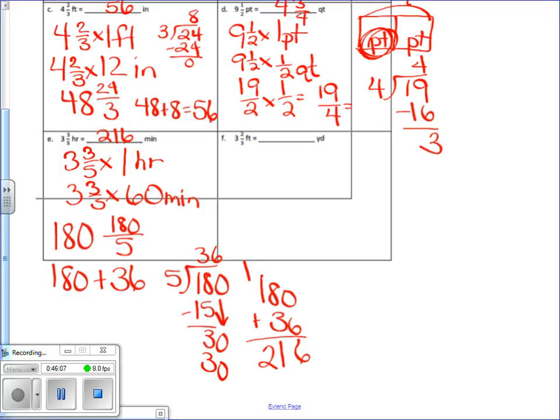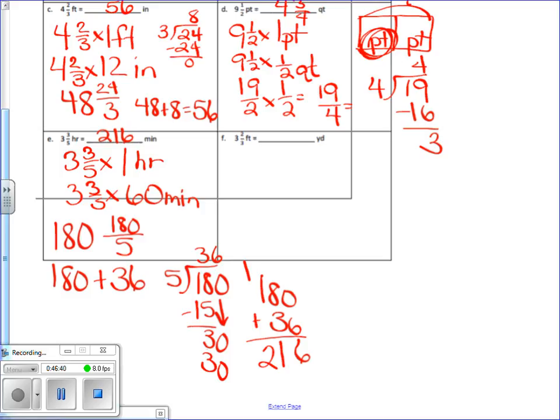That's more than just 36 minutes. 1 hour is 60 minutes, so you can't just have 36 minutes. Think about a reasonable answer: what should I have? 3 hours? You should at least have 180.